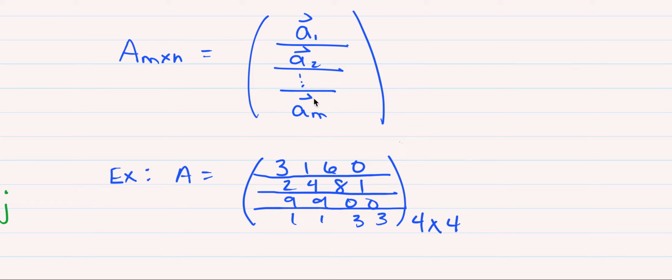So I'm thinking of it as a matrix that has 4 row vectors, and each row has 4 entries that corresponds to this number here. So for any matrix A that's m by n, it's going to have m row vectors and n entries in each row. Now we can think of B, which we're going to say is an n by p matrix.